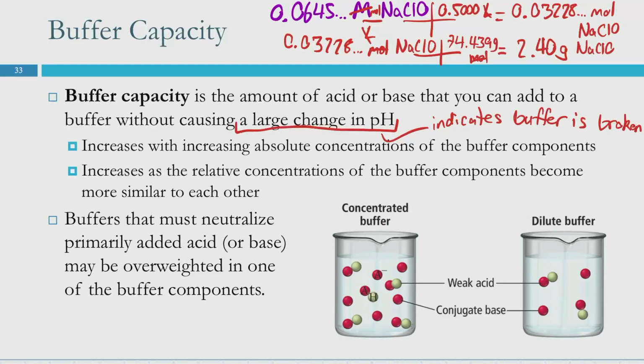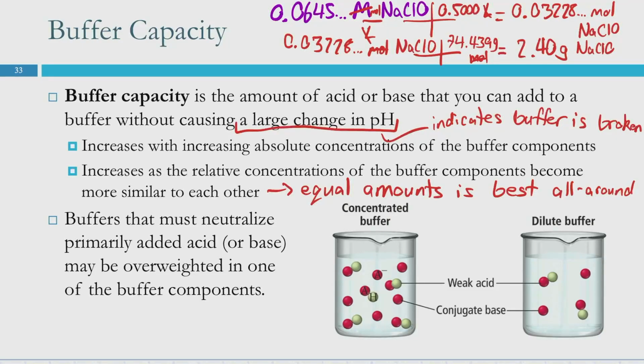We can also increase our buffer capacity in some circumstances by increasing the relative concentrations. Equal amounts is optimal in many circumstances. That's like our best all-around buffer is going to be equal concentrations of acid and base.